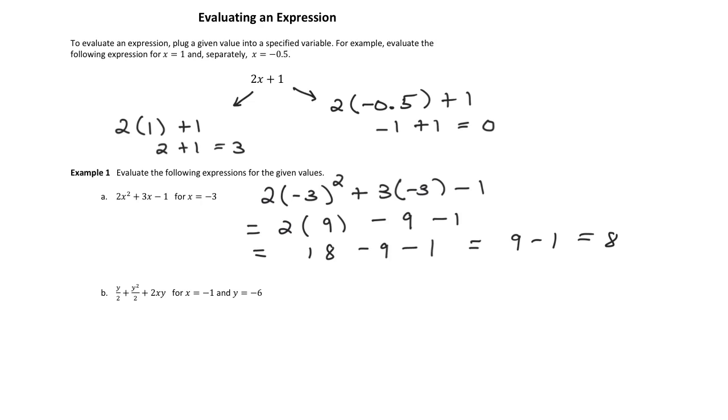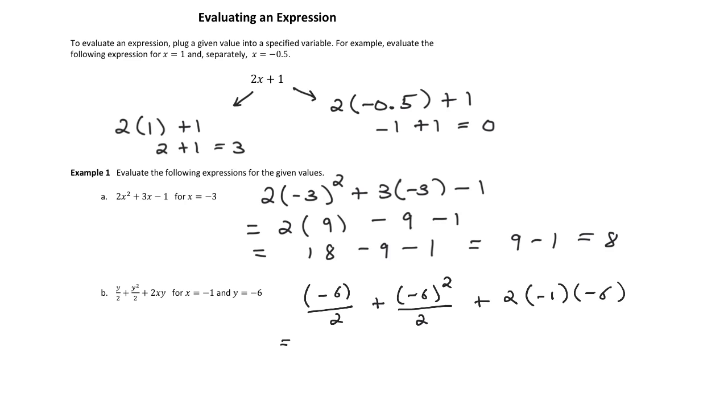What I'll do is, we have y over 2, so that's going to be negative 6 over 2, plus negative 6 squared over 2, and then plus 2 times, now we come to x, so I'll put negative 1 in place of x, and I'll put negative 6 in place of y.